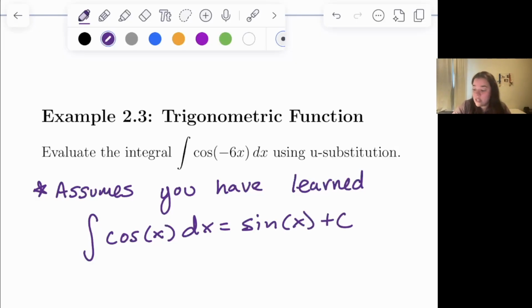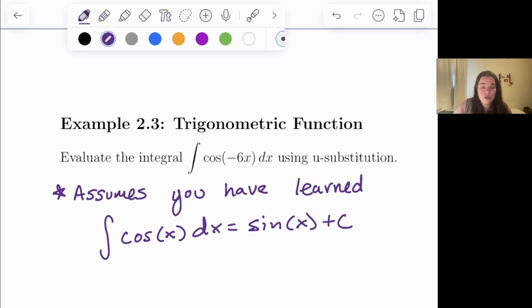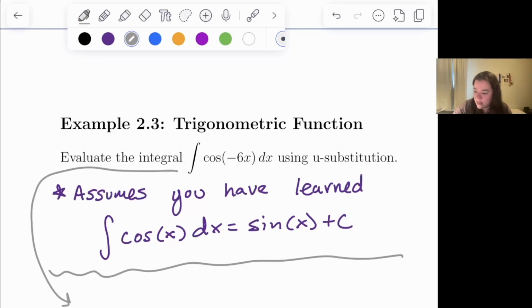So again, this is kind of a fact that can come from thinking in terms of taking the derivative of sine x or taking the antiderivative of cosine of x. So you will have had to learn this fact to perform this u substitution. So assuming you've learned that, let's take this integral down.